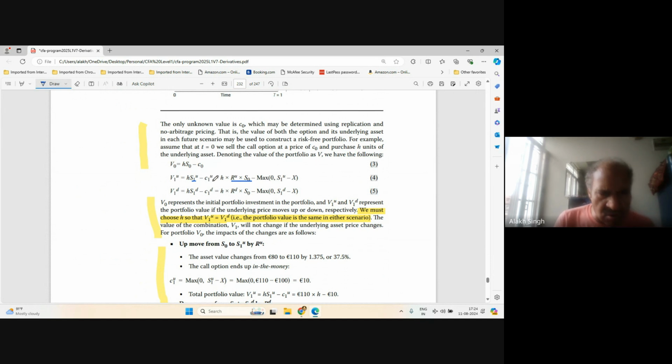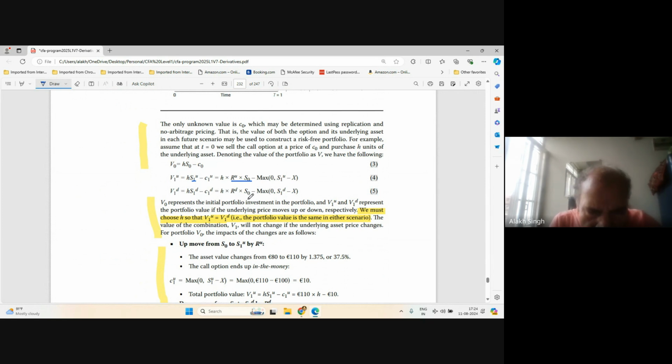Minus the call value, which is of course max of S1U minus X. And for down, again, we have H times RD times S0 minus max of S1D minus X. Here, this is most likely to be 0 because the call will be out of money. C1D is normally 0.